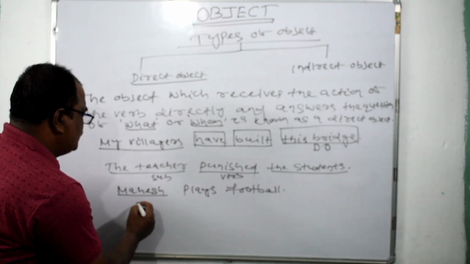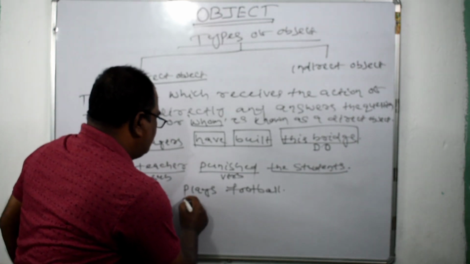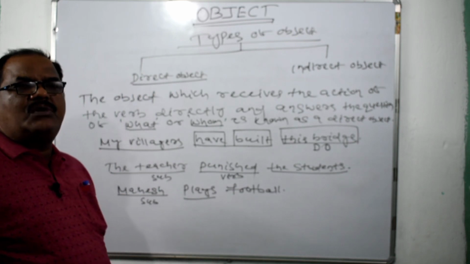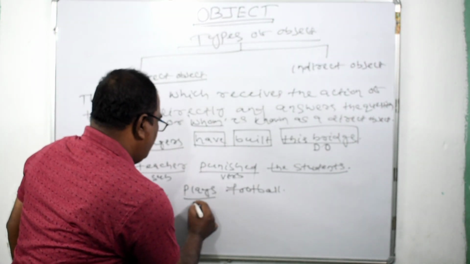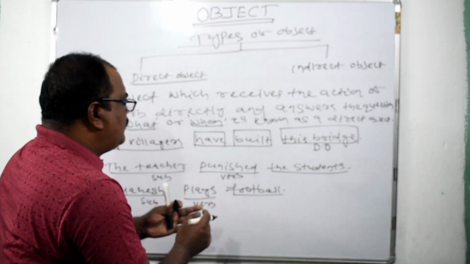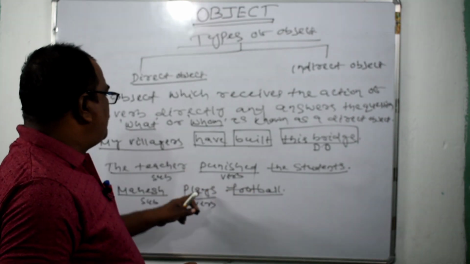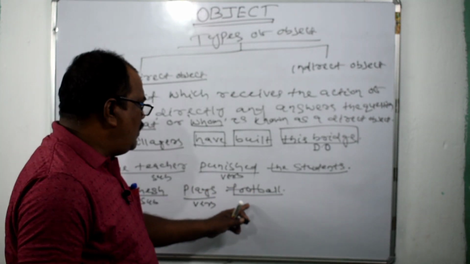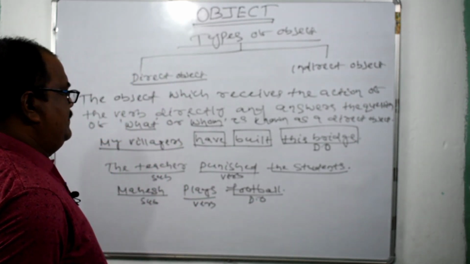Therefore, Mahesh is the subject. Plays. It is an action word. Therefore, plays is the verb. Football is the part of the sentence that receives the action of the verb play directly. So, it is the direct object.